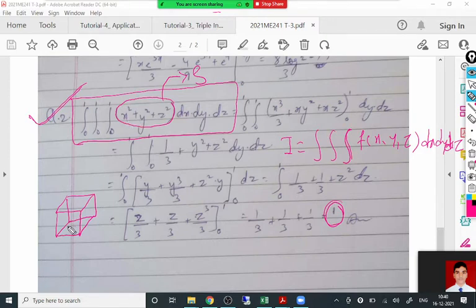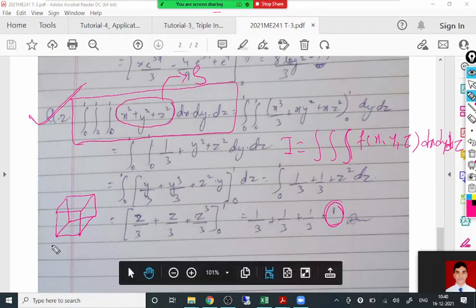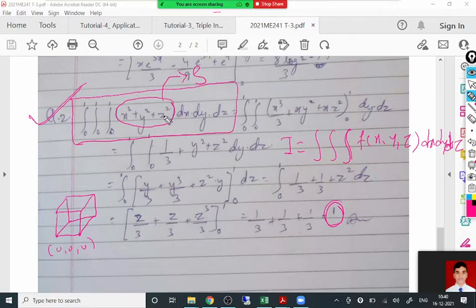For example, at the origin 0 0 0, the density is 0, because the density is x square plus y square plus z square. At the point 1 1 1, the density is 3, 1 plus 1 plus 1. The density goes on increasing as you move away from the origin.